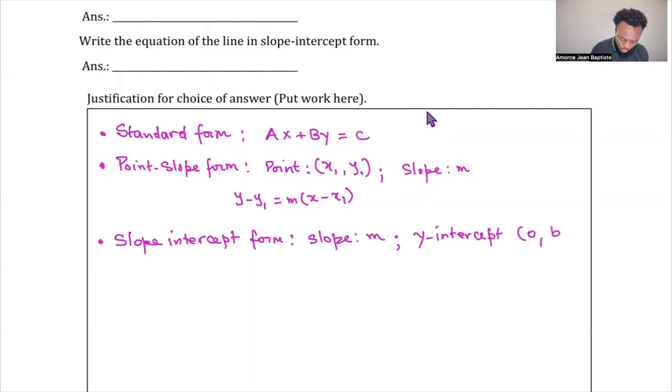Say 0, b, for example. The y-intercept is a point where the line intersects the y-axis.